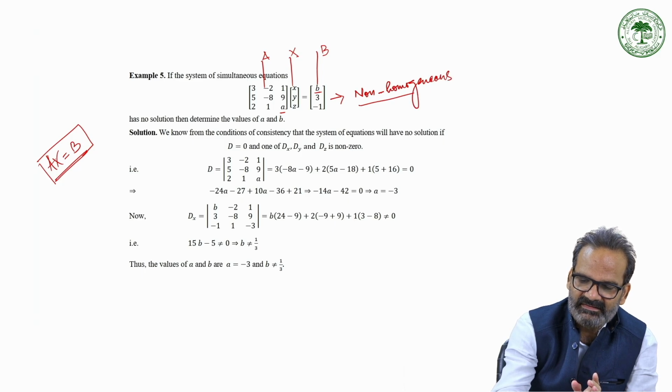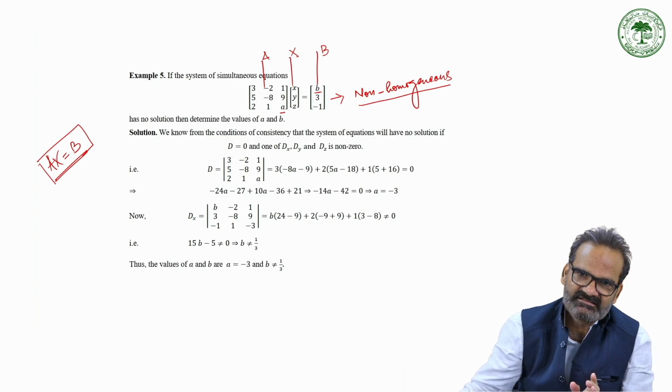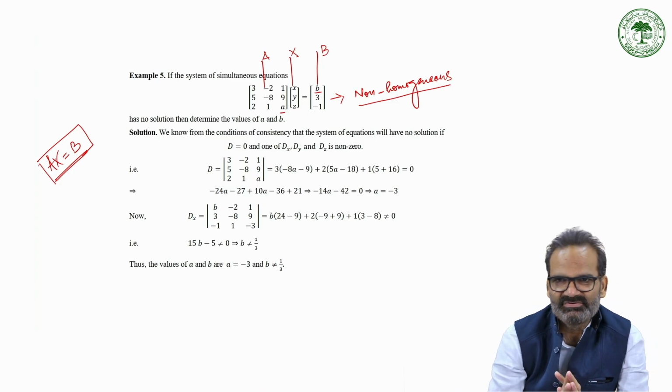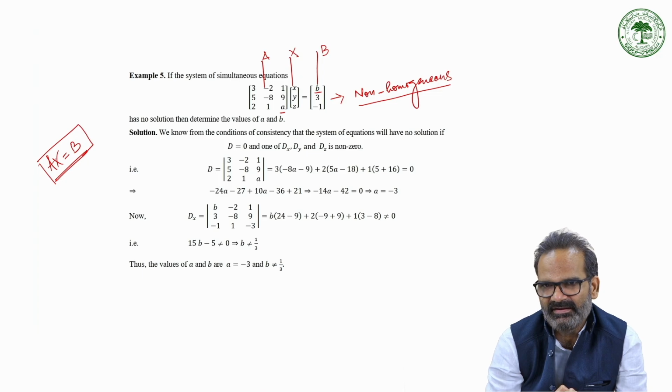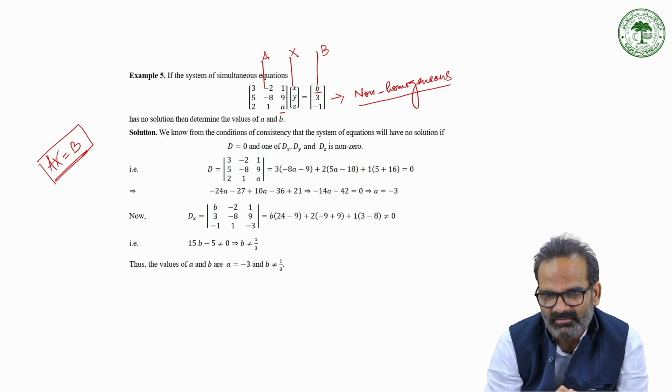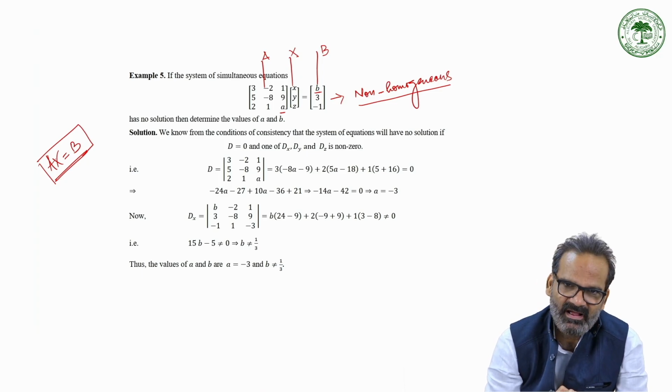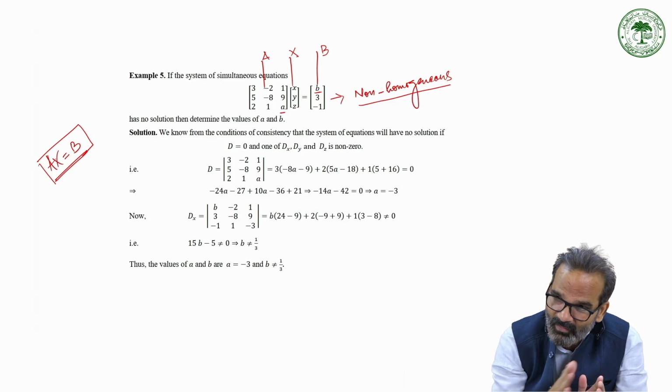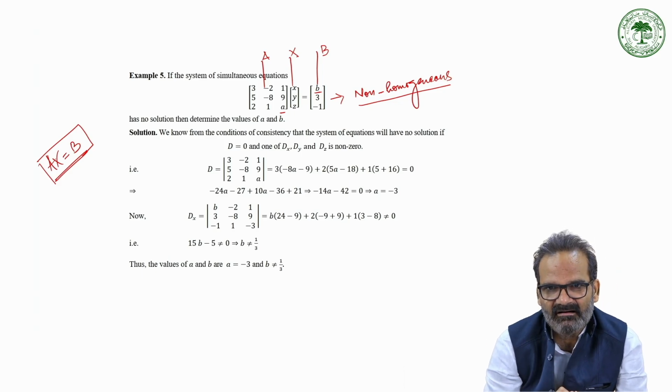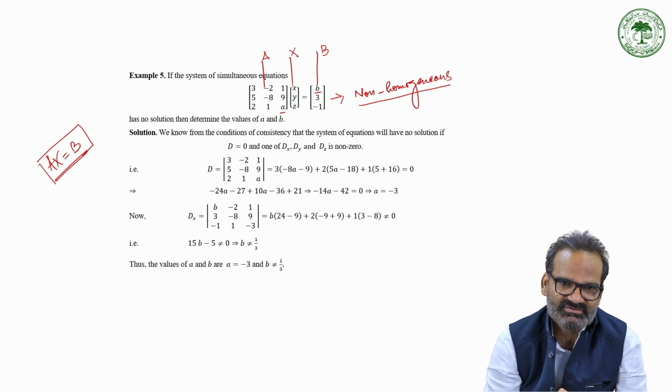Now, what are the basic conditions for the existence of a solution for the non-homogeneous system? Condition 1: if determinant of A is not equal to 0, then the system has a unique solution. Condition 2: if determinant of A is equal to 0 and all Dx, Dy and Dz are also 0, then the system has infinitely many solutions.